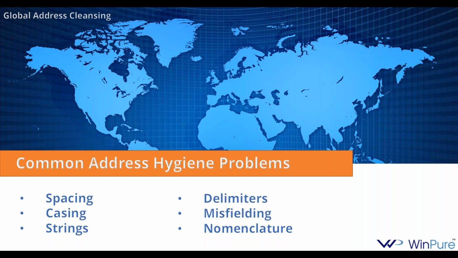If you do any research, unstructured text is known as being the most challenging type of data to work with. So it's really not a surprise that less sophisticated solutions are going to struggle with addresses among some of the other strings of text, so to speak. The fourth here is delimiters.